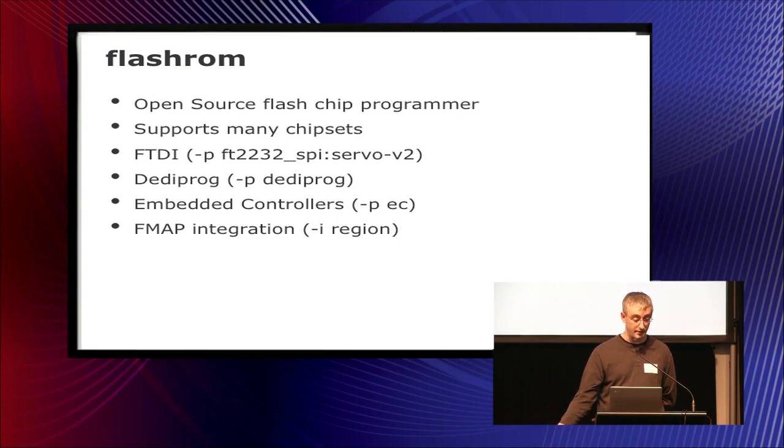We can support DediProgs. There's also integration with being able to write a number of embedded controllers through a SPI pass-through interface with flashrom. And not mentioned here, we also have a utility for working with the EM100, which is a SPI emulator from DediProg that we find very useful for development.